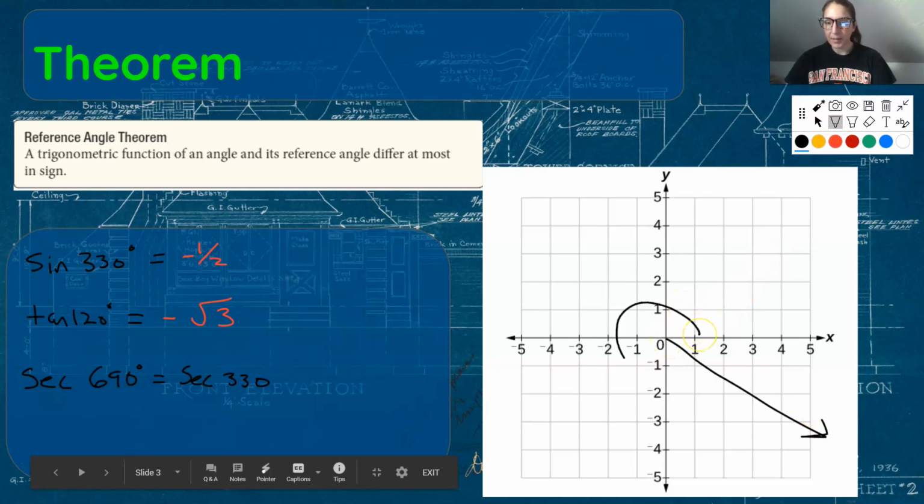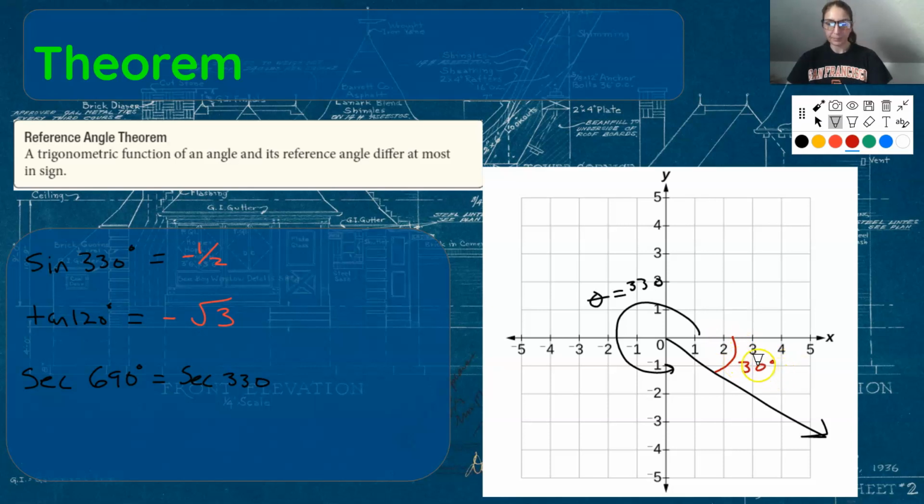So now I'm going to mess with my coterminal and let theta equal 330. Okay, so the first piece of the puzzle is taken care of. I'm again going to use my reference angle. If theta was 330 and all the way around is 360, 360 minus 330, my reference angle is 30 degrees. Okay, well, I have another issue here.